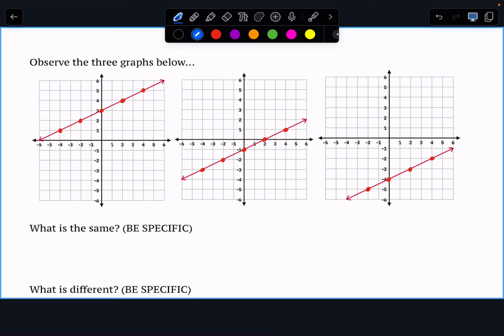Okay, as I look around the room, I am noticing that a lot of you wrote about the direction of the graphs. A lot of you noticed that they all have positive slopes. Specifically, some of you counted the slopes, okay? Help me out.